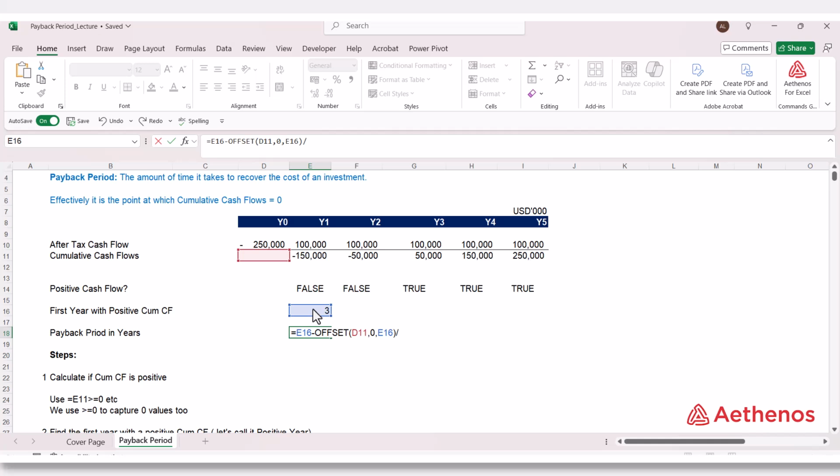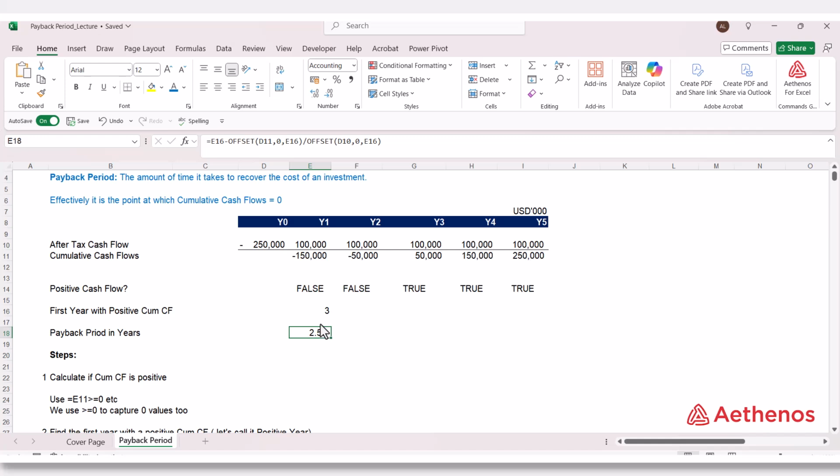And I divide that, which is X, by the Y. I need another OFFSET function to find Y. And again, I start from here and I go 0 rows and 3 columns. Then I get the same result here now.